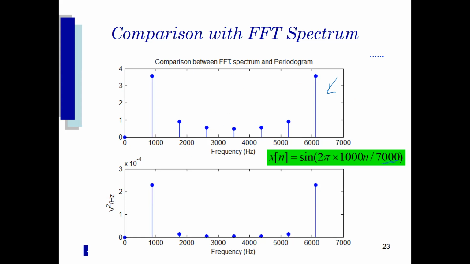This is my Nyquist point here, right here at 3500. So this is a 1000 hertz signal. You're getting a lot of leakage, but you're definitely not getting the 1000 hertz signal.